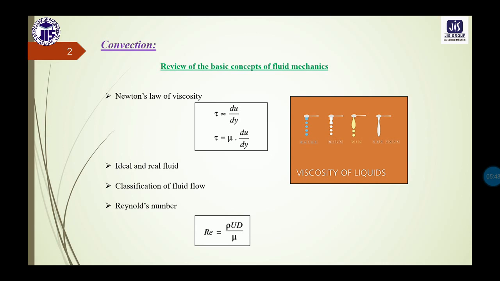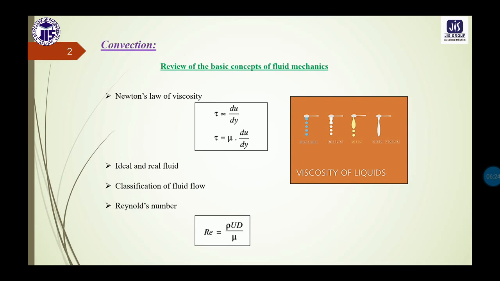So the liquid tends to retain its volume and will form a free surface in a gravitational field. But in the case of a gas, the gaseous molecules are widely spaced with negligible cohesive forces. That means the cohesive forces are smaller compared to the liquid.